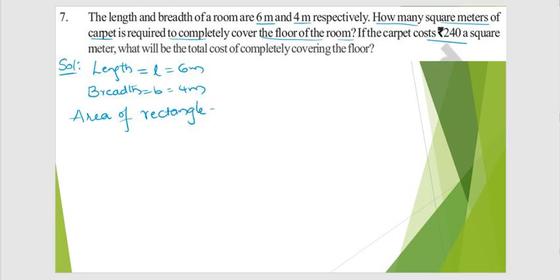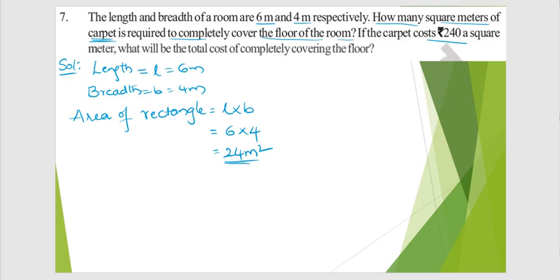Area of rectangle formula is L into B. So 6 into 4, which is nothing but 24 meter square. This is the area of carpet that is required to cover the room.